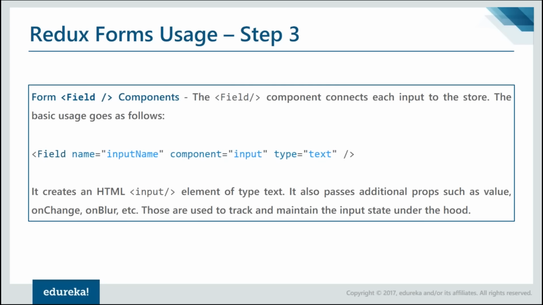It creates an HTML input element of type text, as you can see the type we are passing is text. It also passes additional props such as value, onChange, onBlur. All these props we can pass to the field component. Those are used to track and maintain the input state under the hood.